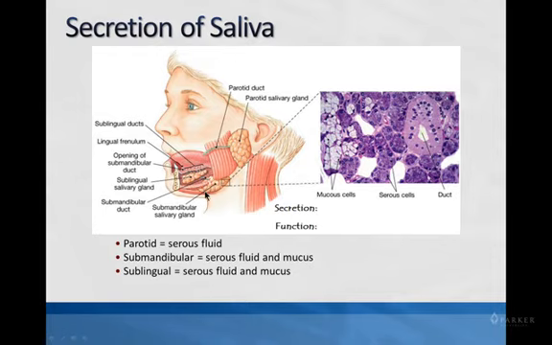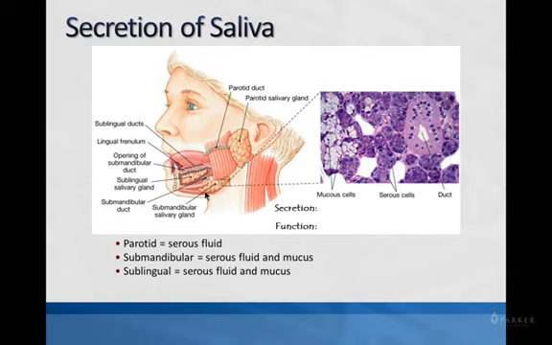These are exocrine glands that release their secretions into the oral cavity via ducts. That's more of an anatomy thing, so you can review which duct releases each secretion into the oral cavity.